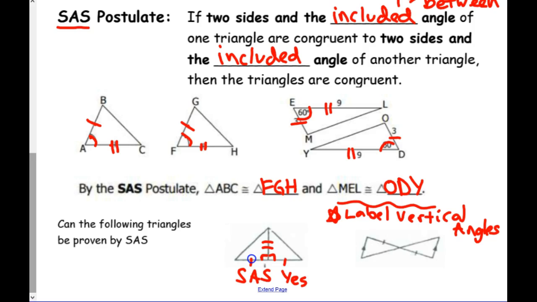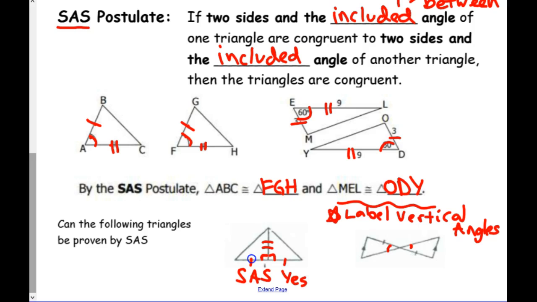If I have an intersection, vertical angles are across from each other. Are they the same or no? They're exactly the same. They're congruent. So anytime you see an X, does everyone see the X right here? If you see an X, you need to label arc, arc every single time. Okay? Because you should know for sure vertical angles are congruent.